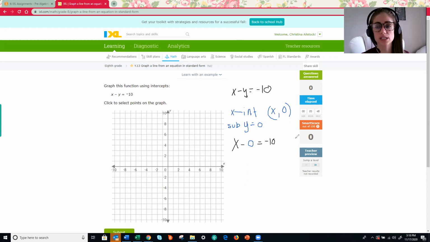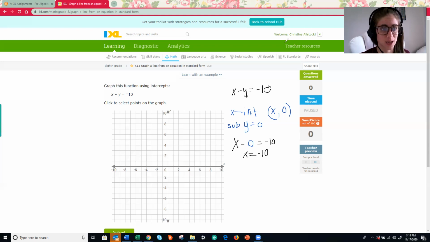Now I can solve this equation and it will give me the X value of my X-intercept. It looks funny, like I just have X minus 0. Do I really need X minus 0, or can I just say that's the same thing as X equals -10? Oh my goodness, look at that. That's it. That's my X value. That's my X-intercept.